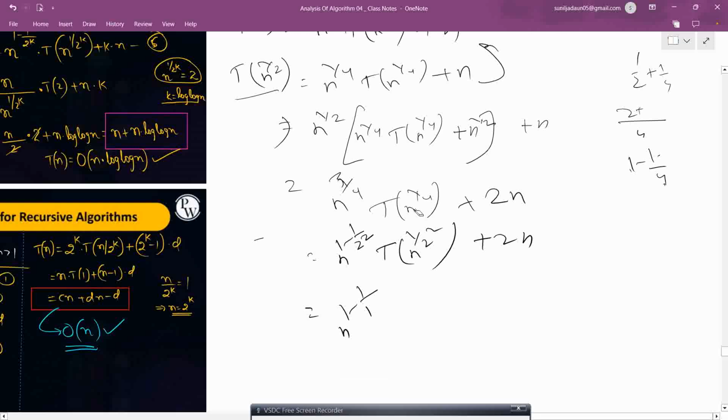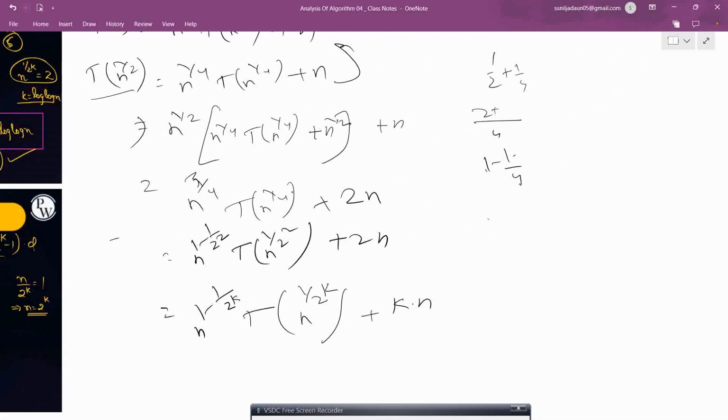So it is 2 to the power k: T of n upon 2 to the power k plus kn, right? So now we discuss the thing, n power 1 upon 2 to the power k equal to 2, right?